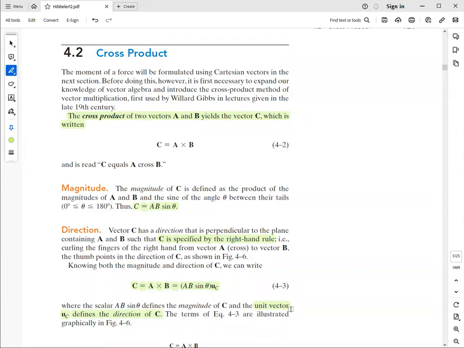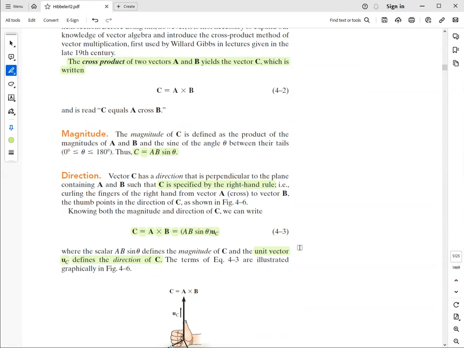Okay, and in terms of orientation of the cross product C vector, that's going to be perpendicular to the plane formed by A and B, and has a direction according to the right-hand rule. So you rotate A towards B.